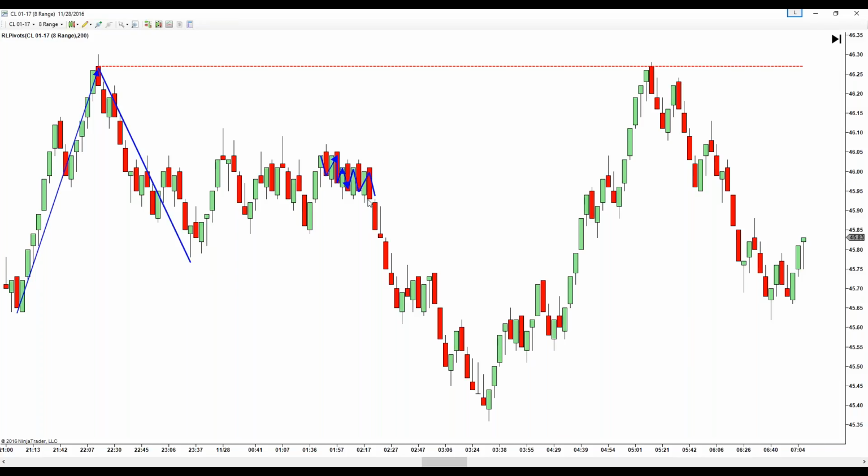In other words, it's the best middle between being overly sensitive, in which case you're going to get lots and lots of pivots, of which only few are relevant, and being overly specific, in which case you're going to get only very major pivots and lose the intermediate pivots, which are of relevance to trading.